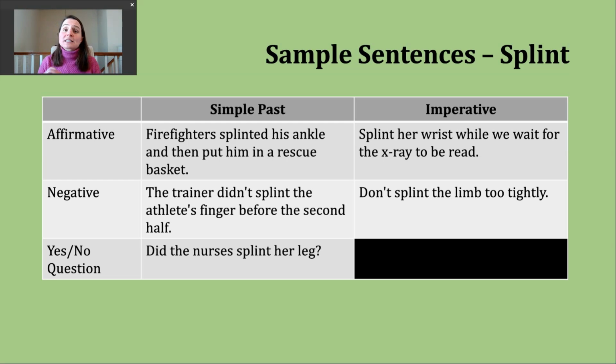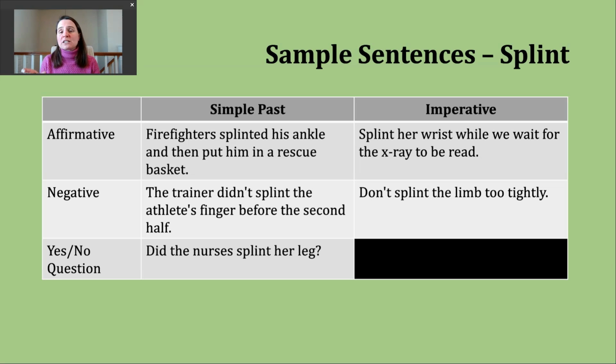But sometimes those time signals aren't in every single sentence that is written in the past tense. It might be implied as part of a conversation or a longer passage or story.